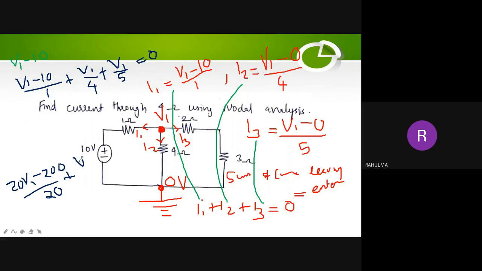So V1, 5 V1 by 20. So in the first case, numerator and denominator I have multiplied with 20. In the second case, numerator and denominator I am multiplying with 5. Third case, denominator and numerator I am multiplying with 4. So that every term will have 20 as denominator, equal to 0.